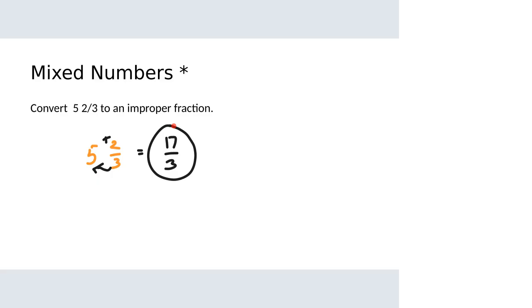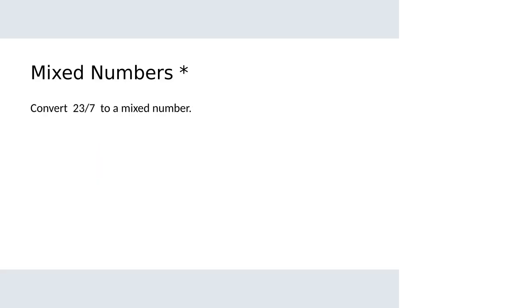We haven't discussed this, but historically this has gone well. I'm going to see how it goes with you. We're going to go the other direction. 23/7 is an improper fraction. I want you to turn that into a mixed number. I'll make a poll for this and let you try it.